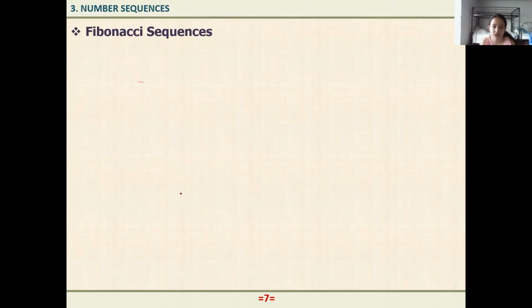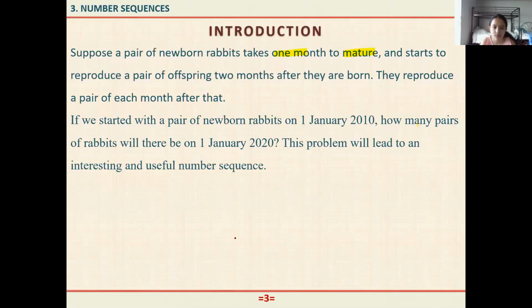So now let's talk about Fibonacci sequences. This Fibonacci sequence was inspired by this problem. Can you read this? Suppose a pair of newborn rabbits takes 1 month to mature and start to produce a pair of offspring 2 months after they are born.